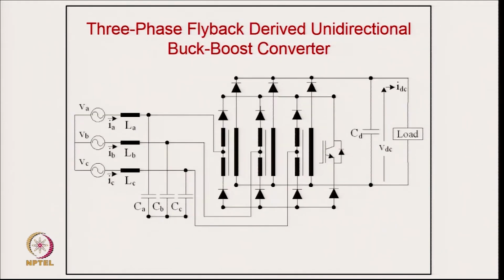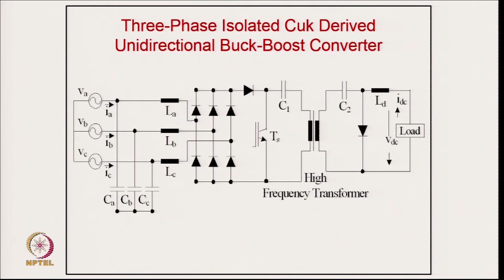And this is Vienna rectifier 2, where the buck boost is derived by only one switch. It is an interesting circuit, and you are able to have current wave shaping with only one switch, with the injection done properly, to get the regulated output voltage of buck boost operation with the help of a single switch, similar to a flyback converter.